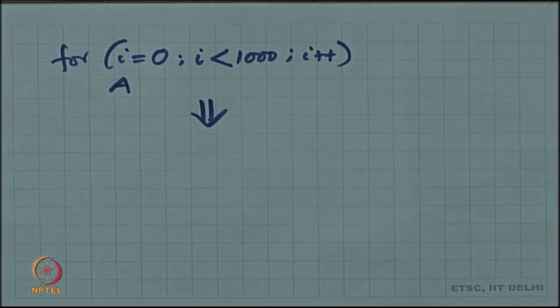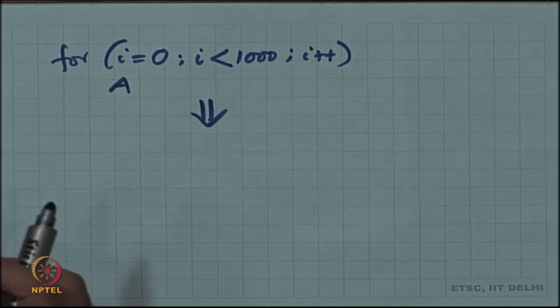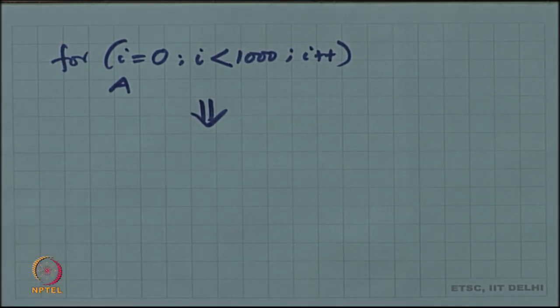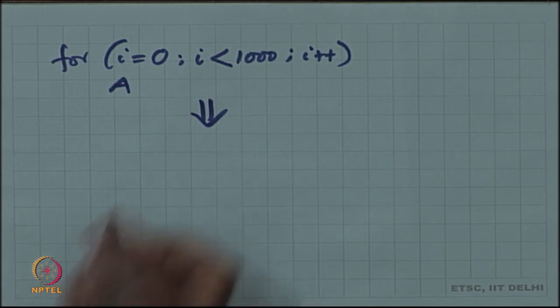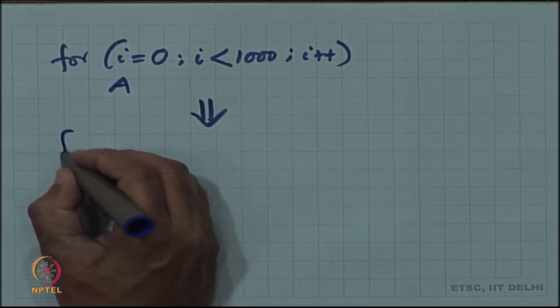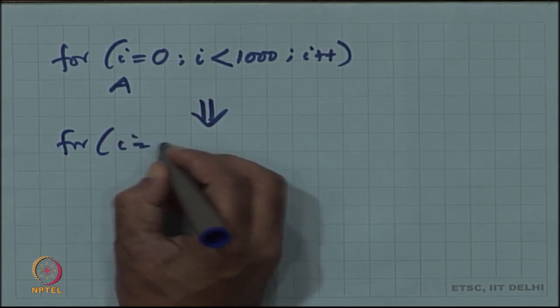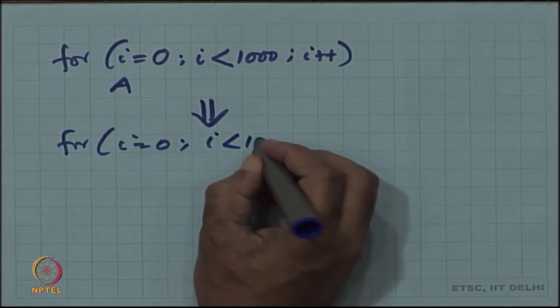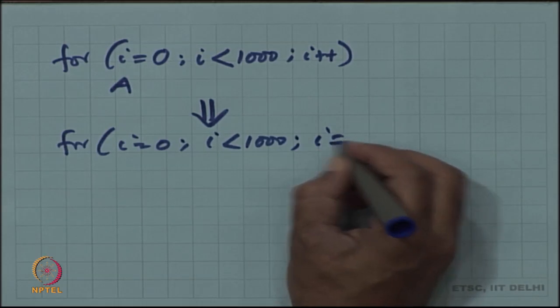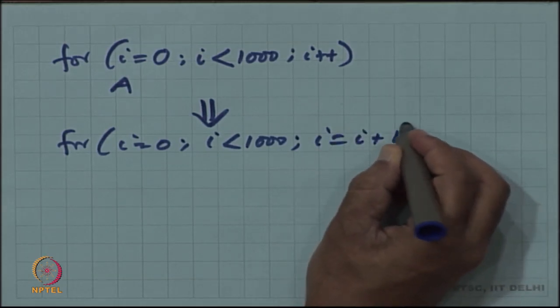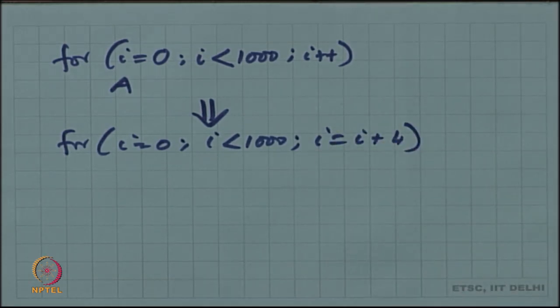It is still a loop transformation. I do not unroll it all the way from 0 to 1000, but 4 at a time. So, I just do a loop transformation. So, we increment by 4 and write the loop. Right, I can increment by 4 because it is 4 at a time. I could just have this and say I equals I plus 4. And it says I plus 1, I plus 2.